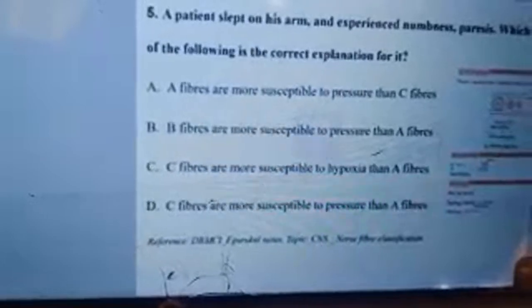B fibers are more susceptible to pressure than A fibers. C fibers are more susceptible to hypoxia than A fibers, or C fibers are more susceptible to pressure than A fibers. Usually A fibers are more susceptible to pressure than C fibers, so A is greater than B, greater than C. And for hypoxia, A fibers are more susceptible to hypoxia than B and C. Okay, so A is greater than B, greater than C.